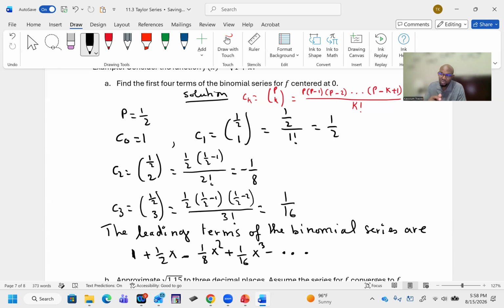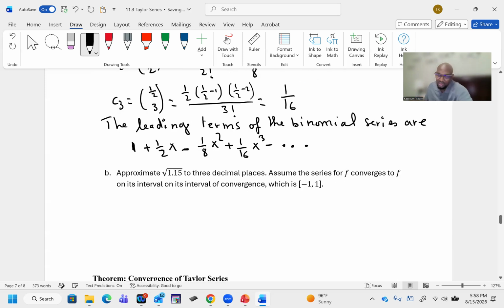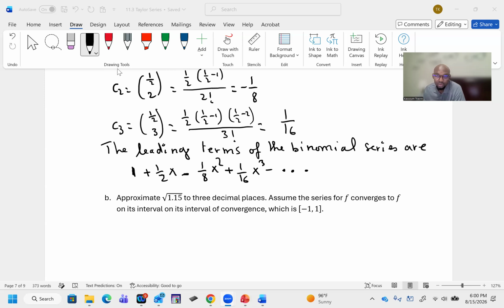And then we are asked to approximate the square root of 1.15 to 3 decimal places, assuming the series for f converges to f on its interval of convergence, which is the closed interval -1 to 1. So to use this approximation, we know since the beginning f of x is the square root of 1 plus x, right?